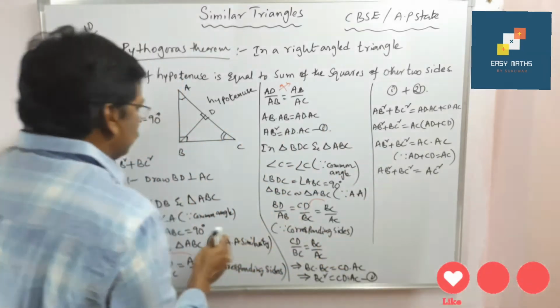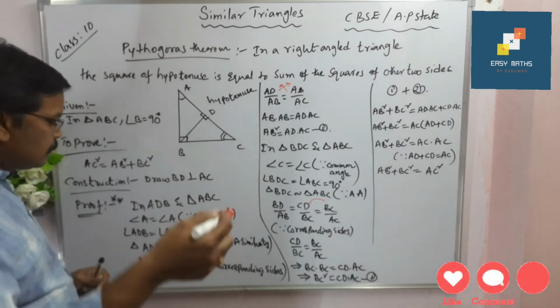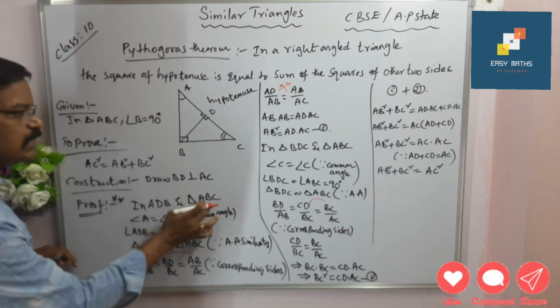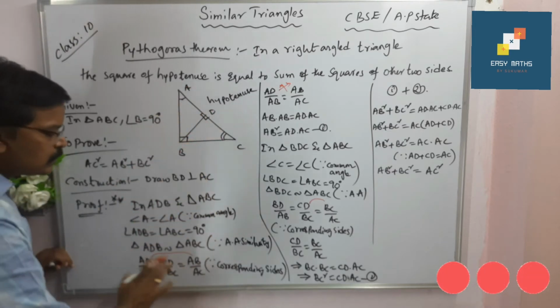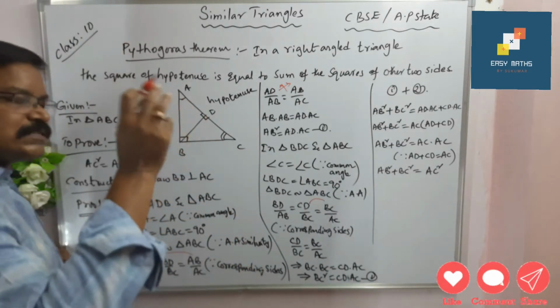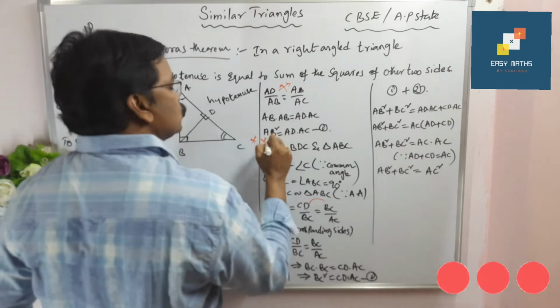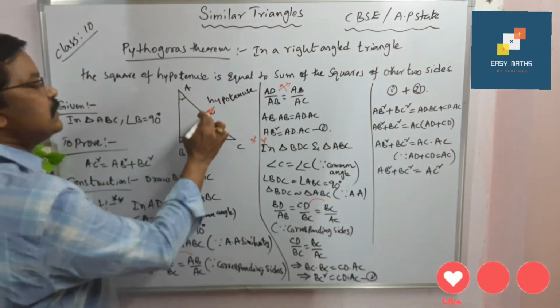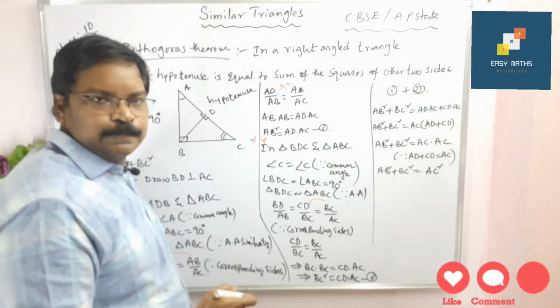The first thing I request you to remember: take the triangles ADB and ABC and make them similar to each other. The second step, what I told you to keep in your mind, is triangle BDC and triangle ABC. Make them similar to each other.